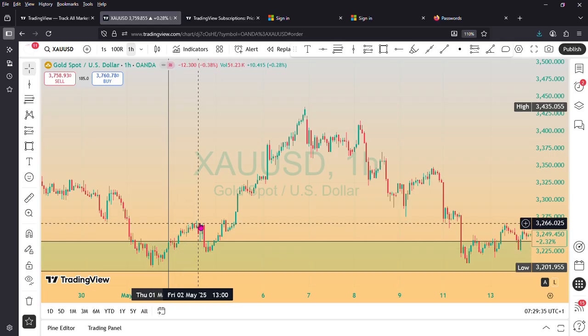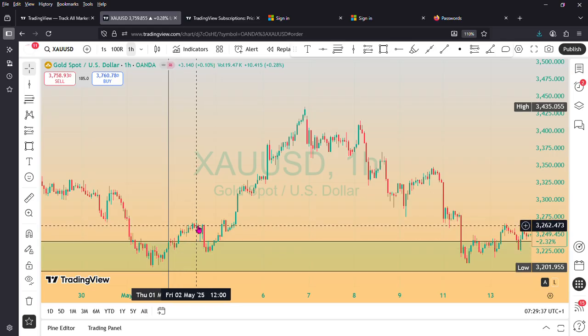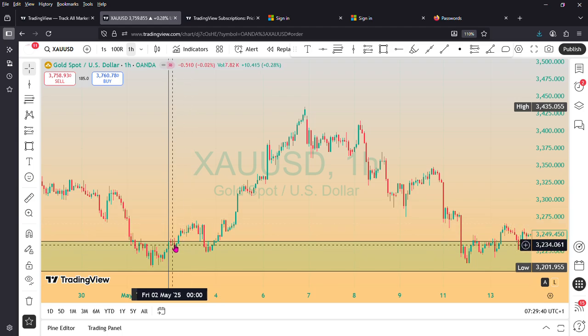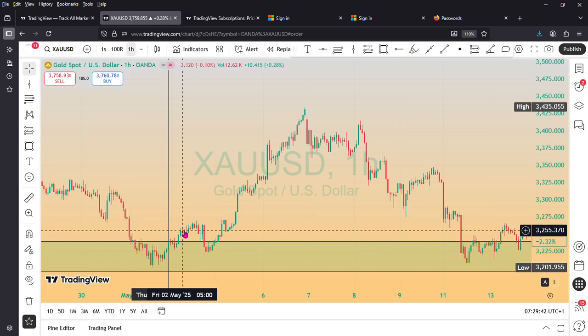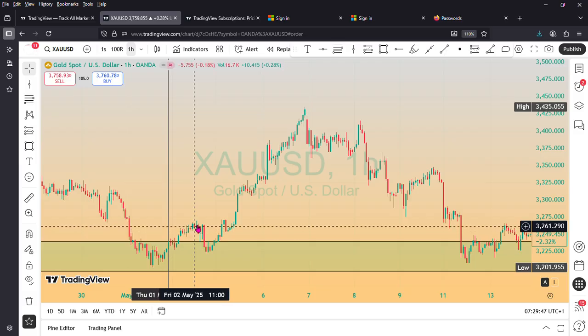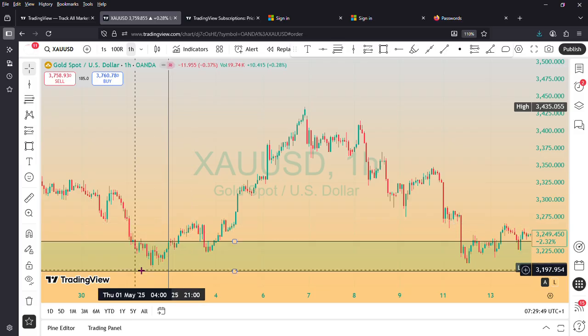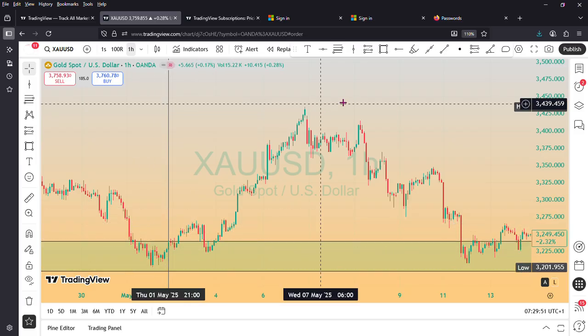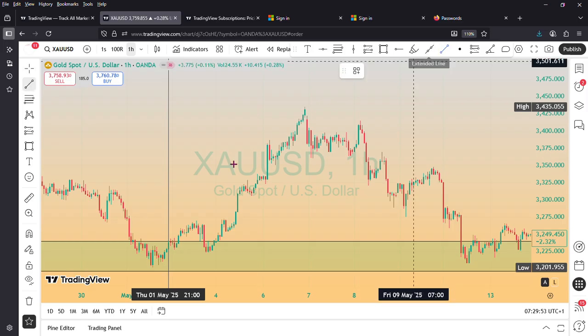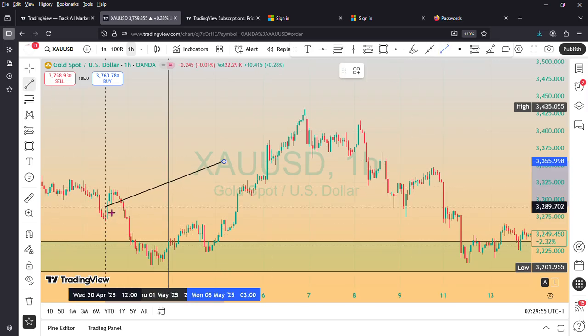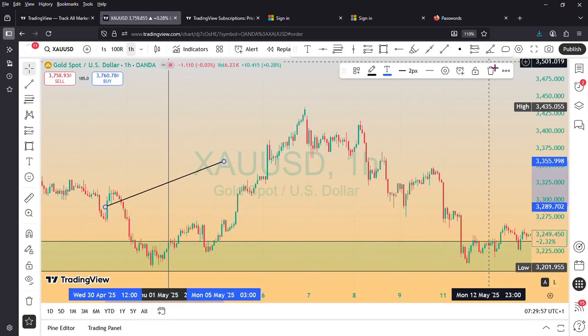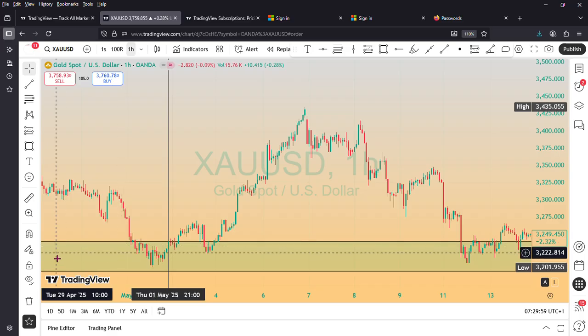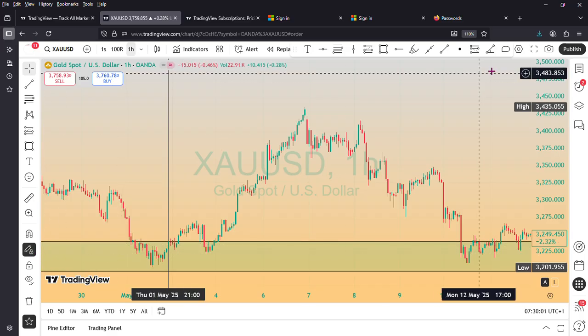You see that the market broke out from this resistance zone. It broke out, consolidated here, went up again. A change of character. You can see it. That structure that I was talking about.